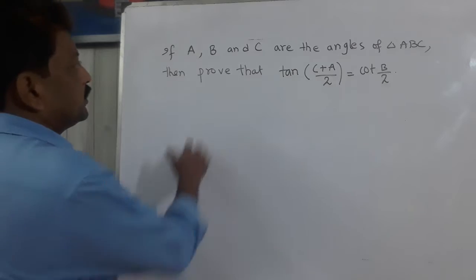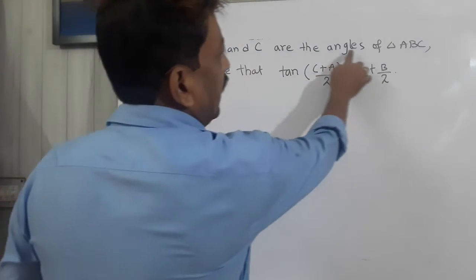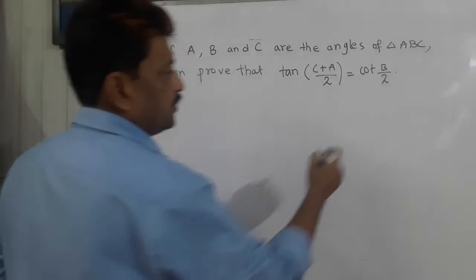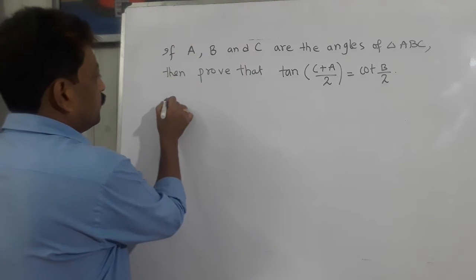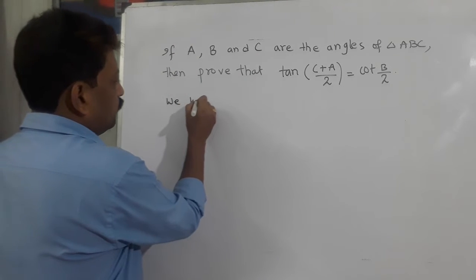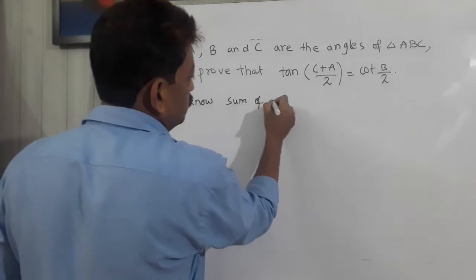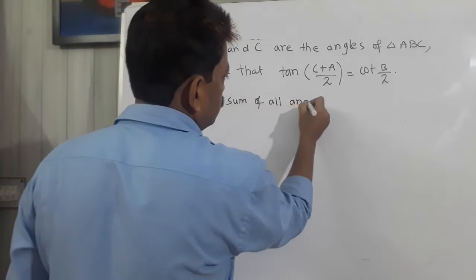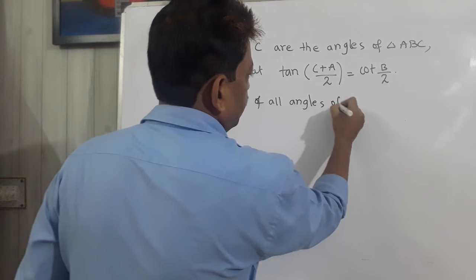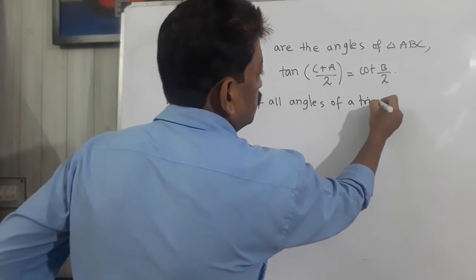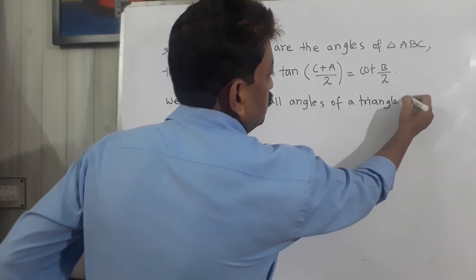Now it is given in the question that A, B and C are the angles of triangle ABC. So we know the sum of all angles of our triangle is 180 degrees.